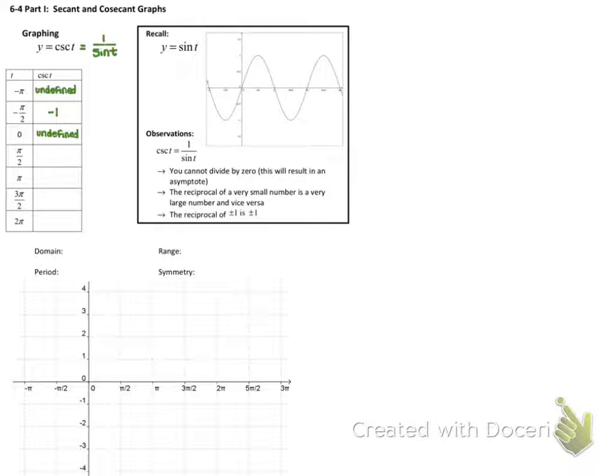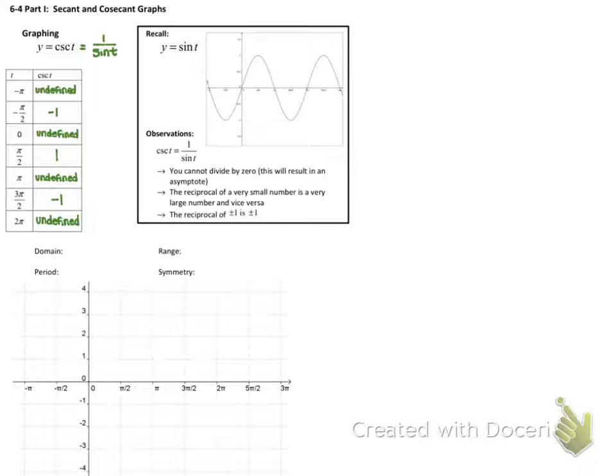At pi over 2, sine is 1. At pi, undefined. Or I should say, cosecant is undefined. At 3 pi over 2, cosecant is negative 1. And at 2 pi, it's also undefined. So it's undefined whenever sine is equal to 0.